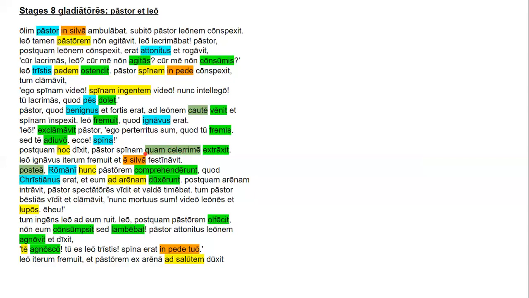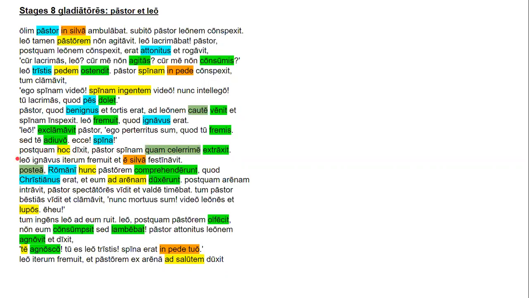So when you see quam, know that it's usually going to be a construction where you say "as" whatever adverb follows. Extraxit is a perfect tense verb from extraho. Literally it means "to drag out," but it means "to pull out." So he pulled out the thorn as quickly as possible. So let's put it all together: after he said this, the shepherd pulled out the thorn as quickly as possible.